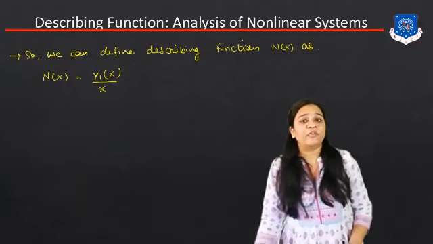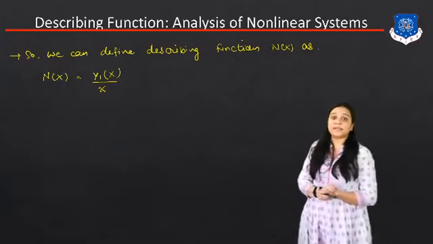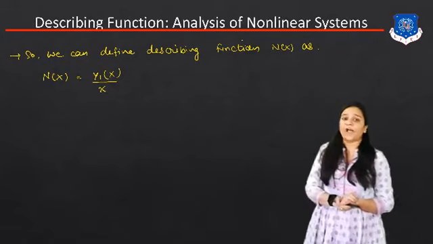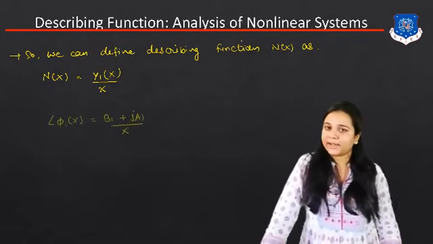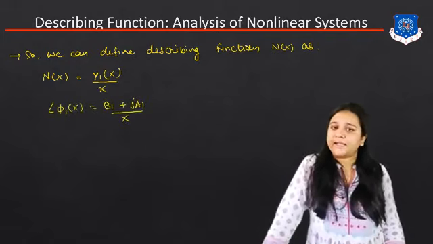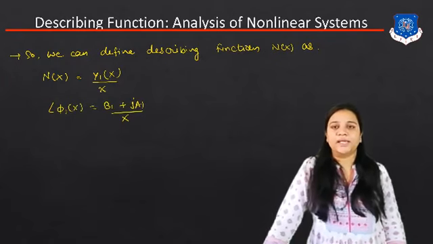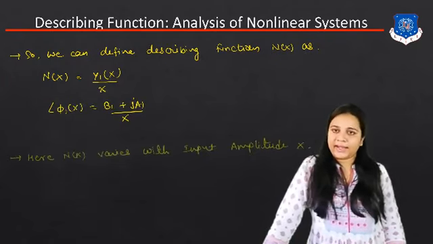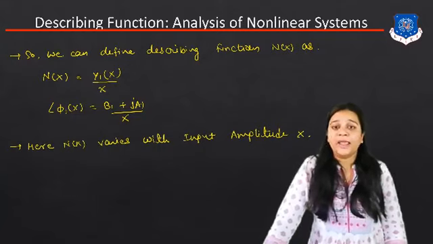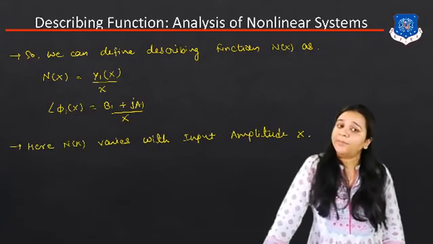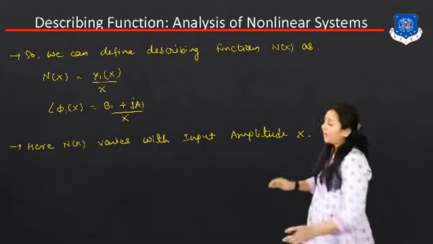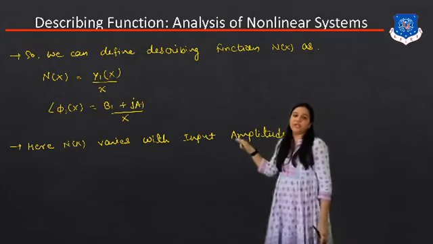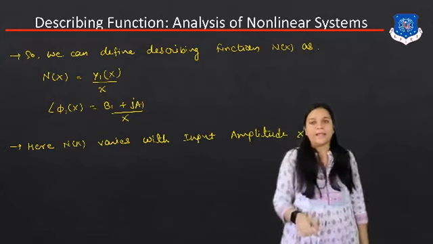So we can define the describing function N(X) as Y1(X) upon X, angle φ1(X), that is equal to (b1 + j a1) divided by X. So here N(X) varies with the input amplitude X. Whenever the value of X is changed, the value of N(X) will change.